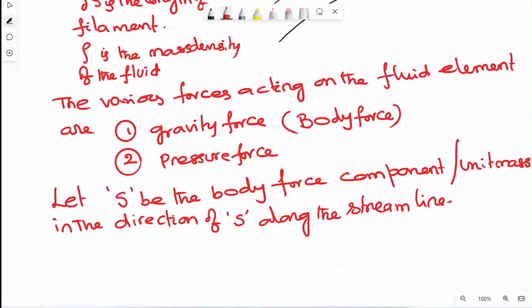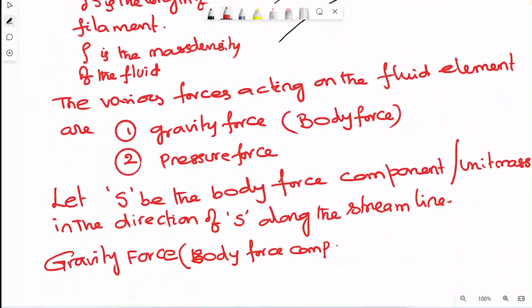Now, in such a case, what is the gravity force? I call it the body force component, is equal to S into the mass of fluid in the element.